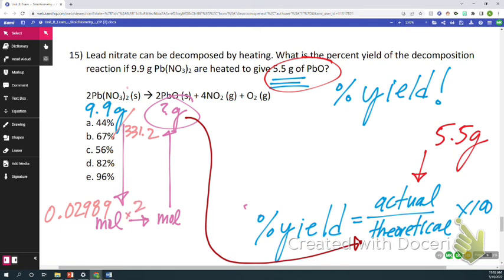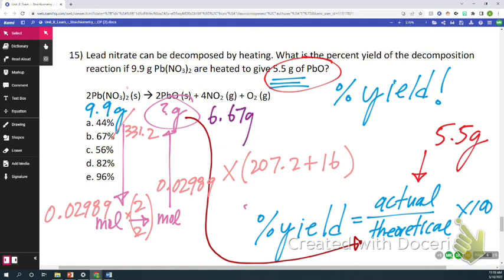The mole ratio is 2 to 2. So the moles are not going to change. And then you got to change it to grams. Multiply it by Pb and O. And so I got 6.67 grams.